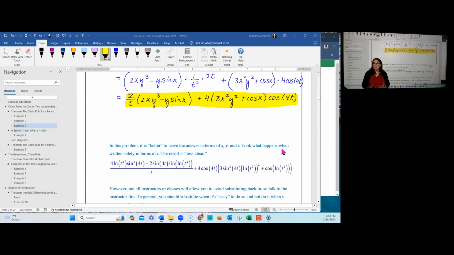However, this is very dependent on the particular instructor that you have, so make sure you check with your instructor to see what their preference is.